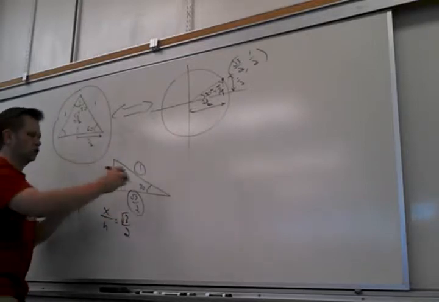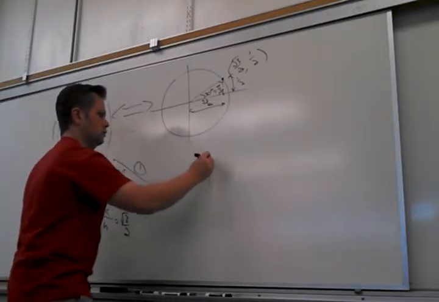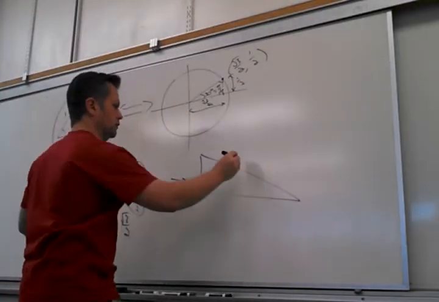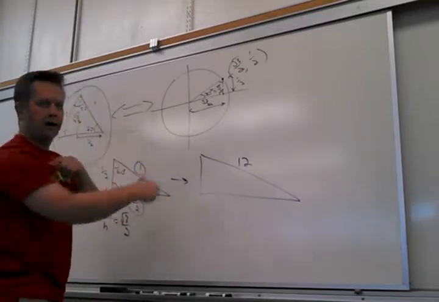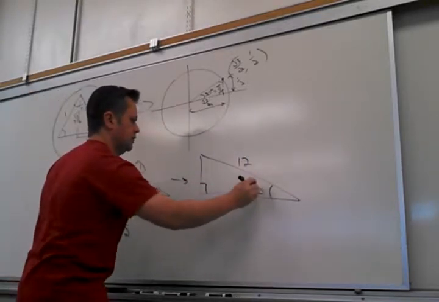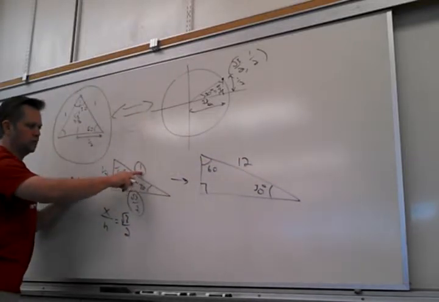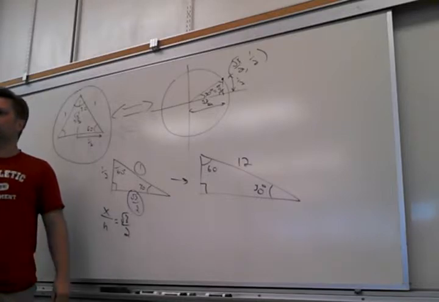Now, you're like, all right, Jeff, not every triangle has a 1 hypotenuse. What if it had a 12 hypotenuse? So pretend like this is 12 times bigger. The ratio is still the same. The ratio has to stay the same. Well, let's prove it. If this is 12, it's 12 times as big, so all the sides have to be.